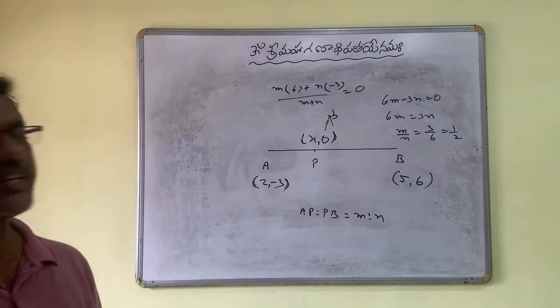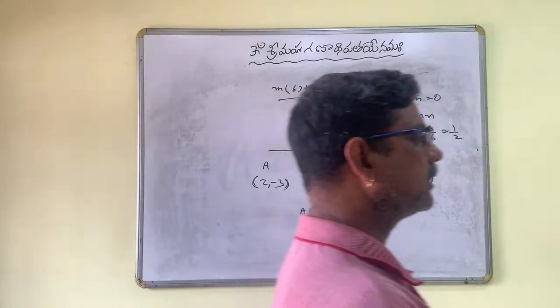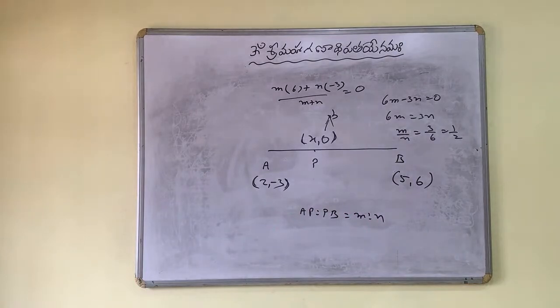Okay. Now using the ratio, find out the x coordinate. The x value you got is 3.